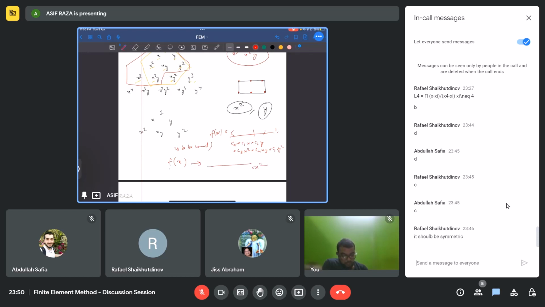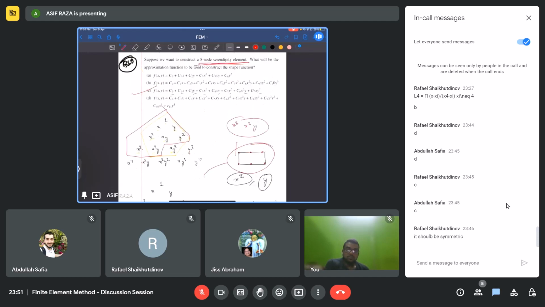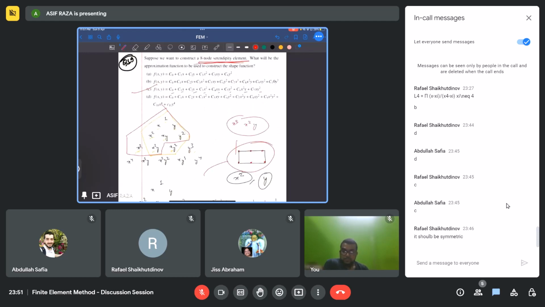On the other hand, if I take x as constant, for this element, I took a general element and substitute in this shape function, it should come out to be linear in y. If it is coming out to be quadratic, then it's wrong. So in general, we want this thing to be symmetric.